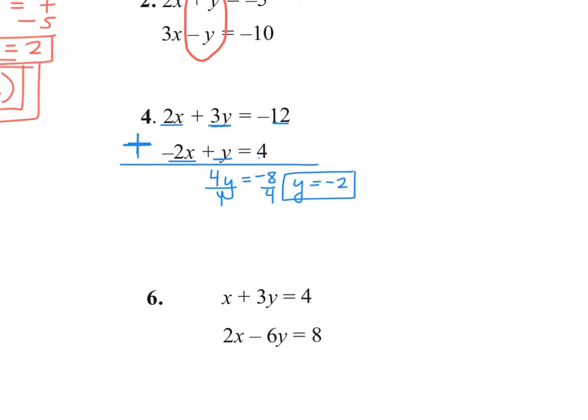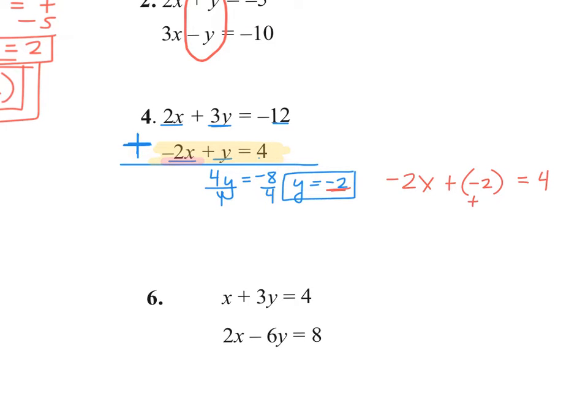Okay, and then once I have that, you can plug that into either one of these equations. I would plug it in to this one, just because it's smaller numbers and it's less coefficients. So I would do negative 2x plus my y value, which is negative 2, equals 4.